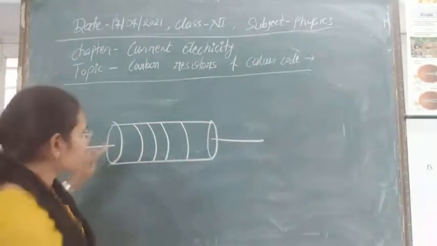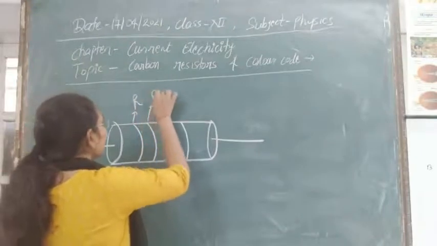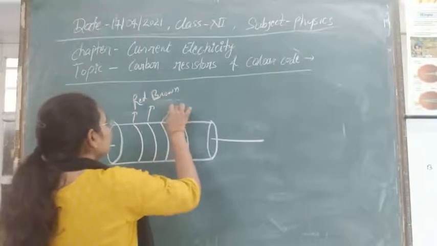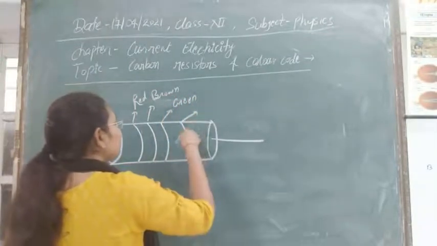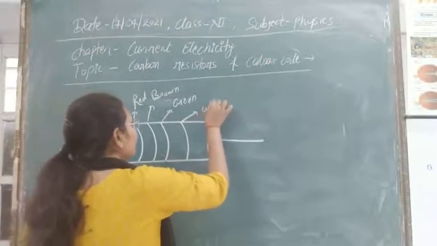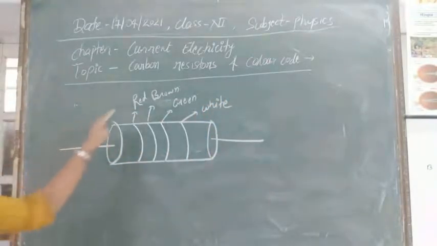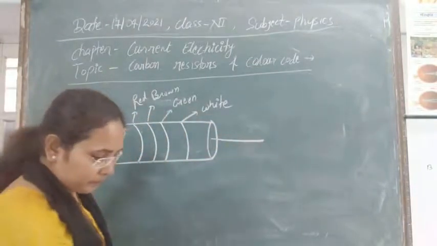Suppose first color is red, second color is brown, third color is green, and the fourth band is of white color. So these are the 4 bands of different colors on this carbon resistor.